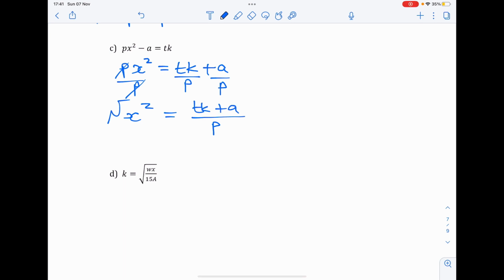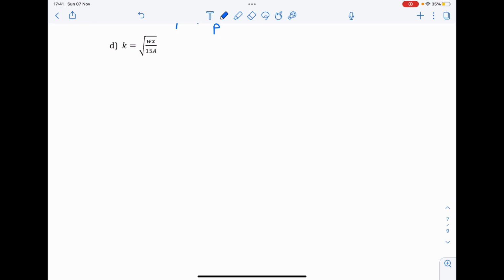Now we square root both sides, and remember, plus minus, that cancels with the square to get x by itself. So therefore, your answer is plus minus the root of tx plus a over p.